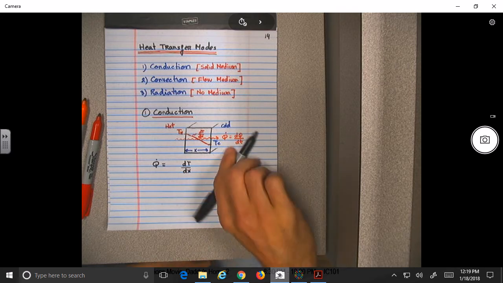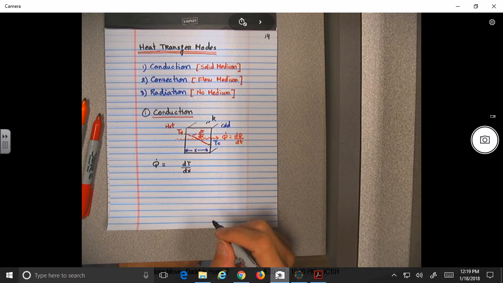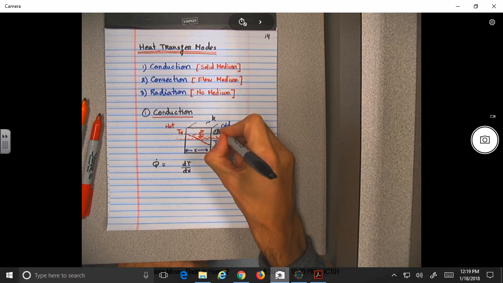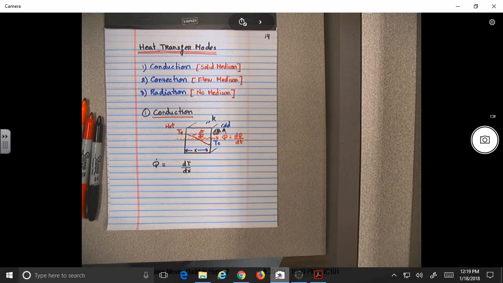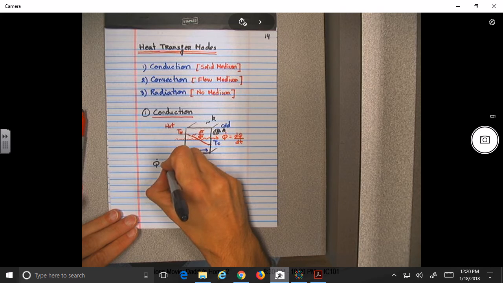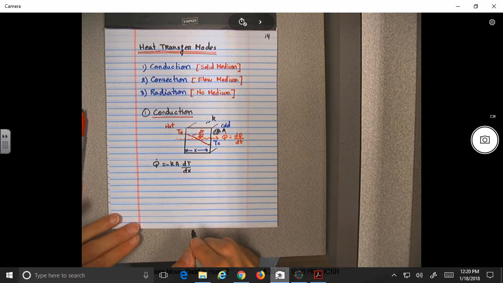So let's say the material property here is k, okay? Then, will the heat also depend on the surface? If you just look at a surface this big, or a surface this big, it will be bigger, no? The more surface you have, the more you have. So basically, the equation, I give it to you, is minus kA dT/dx.